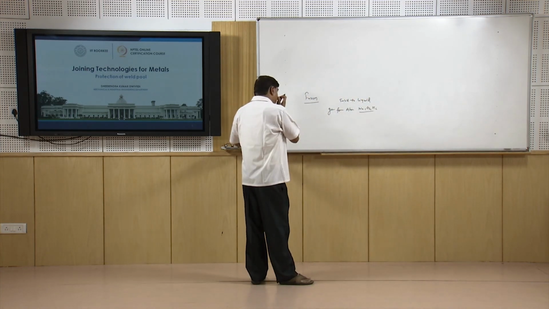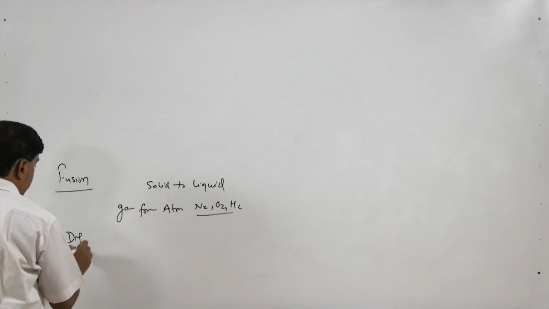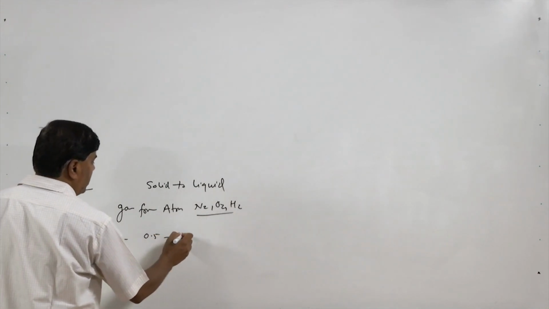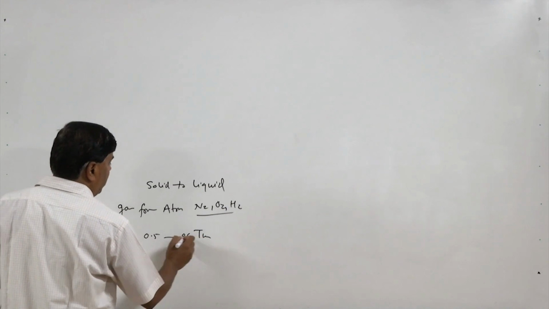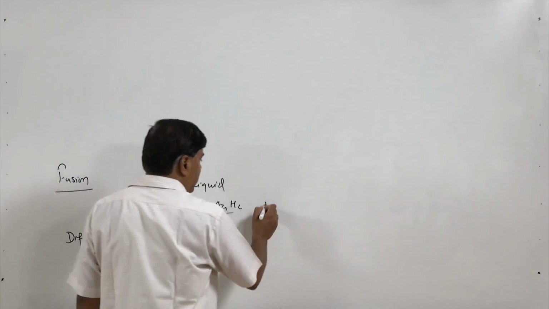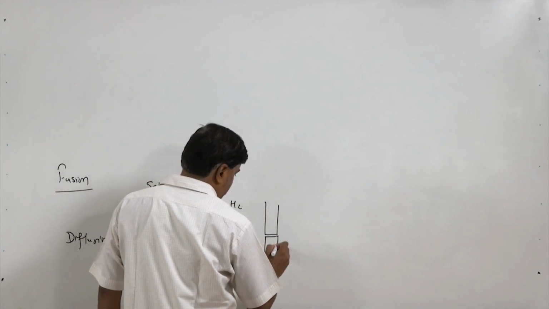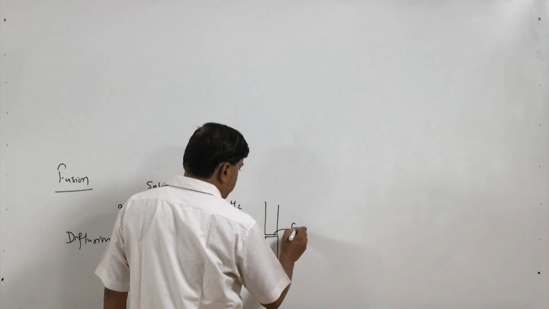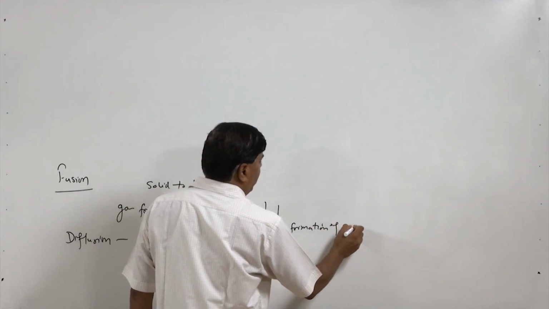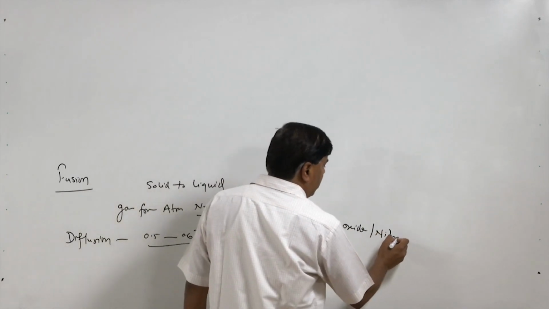And now another thing is about diffusion. We know that diffusion has to take place in the 0.5 to 0.6 times the melting point range. So, it is very much possible that if it is carried out in ambient conditions, this kind of heating will result in the formation of oxides and nitrides at the interacting surfaces.